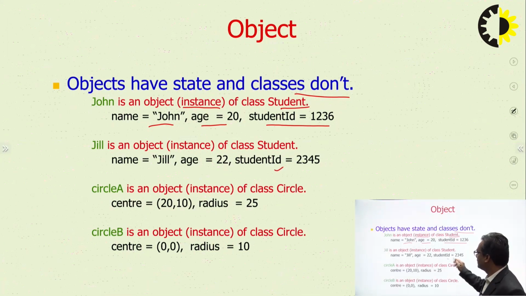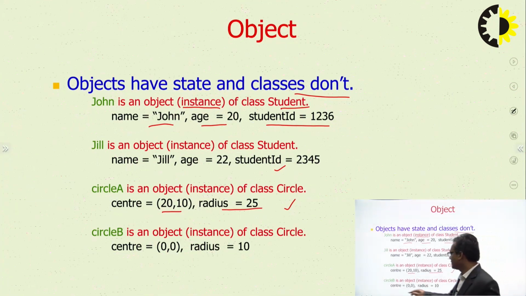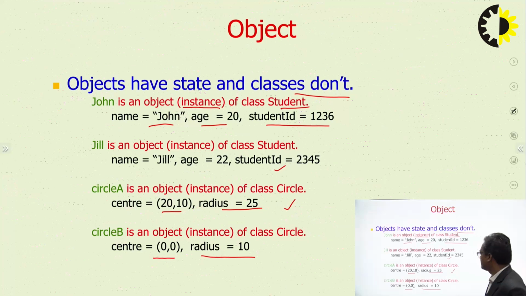Same for Jill. Circle A has its center parameters and radius 25. Circle B has center parameters and its radius is 10. So these are the states of the objects, right? And a class has its instances, that is, objects.